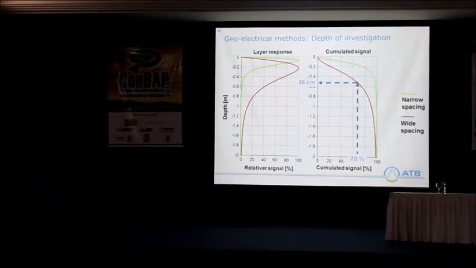The one for the narrow spacing has a peak very near the surface, and the wider spacing has a peak at 25 centimeters. If you accumulate the signal, you get curves like this. And the depth of investigation is defined where you have 70% of the signal. So for the wide spacing, the depth of investigation is 55 centimeters.